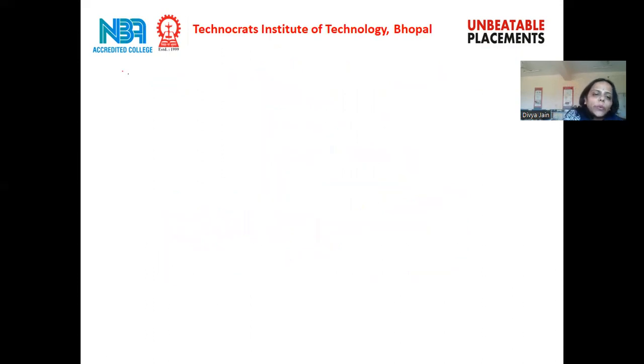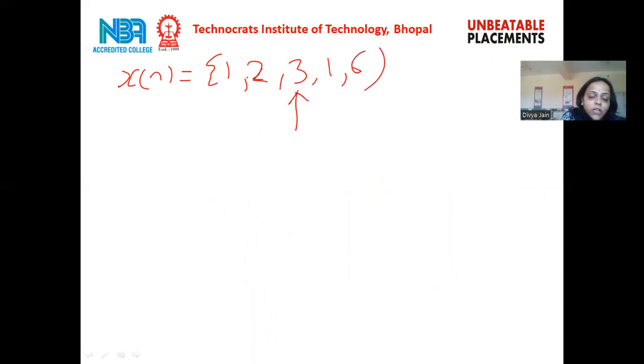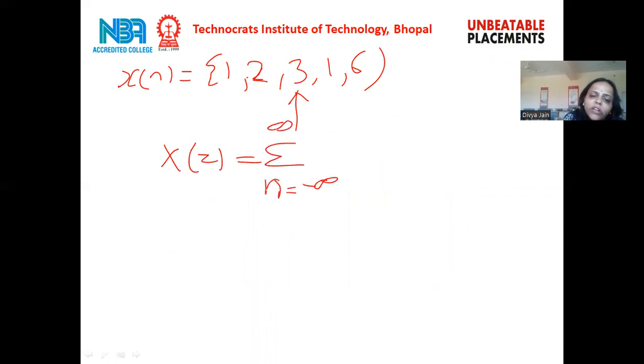Suppose we are having a sequence x[n] equals 1, 2, 3, 1, 6. This is our input sequence. So for finding out the Z transform of this sequence, X(z) equals summation n equals minus infinity to infinity x[n] z to the power minus n.